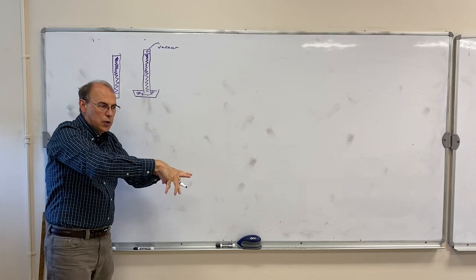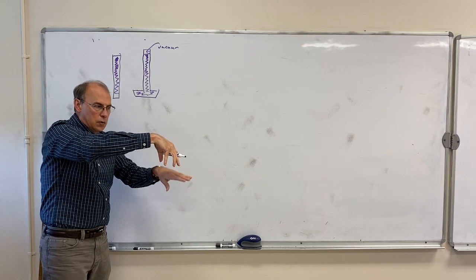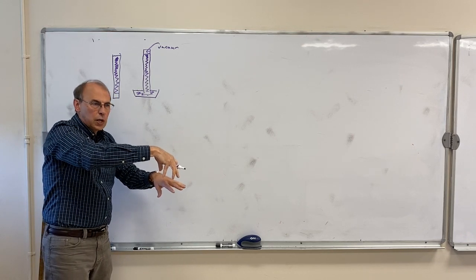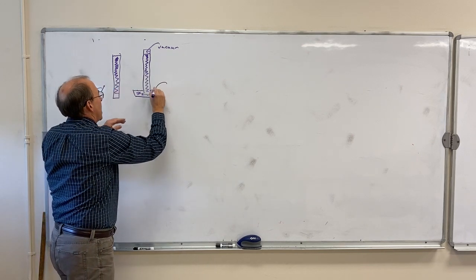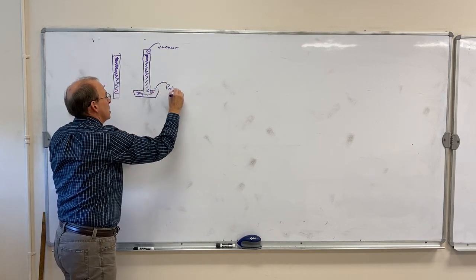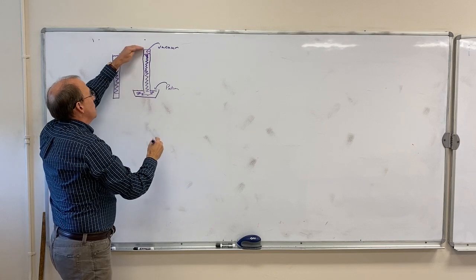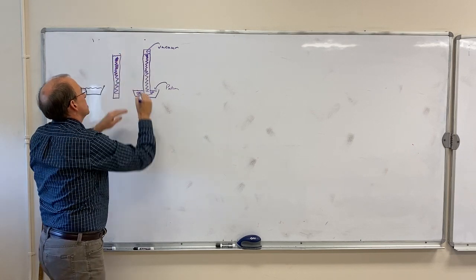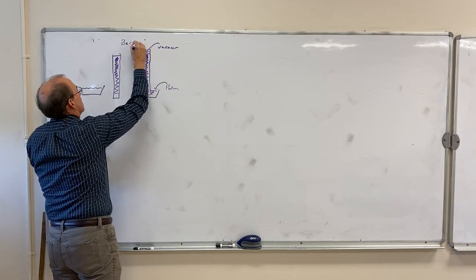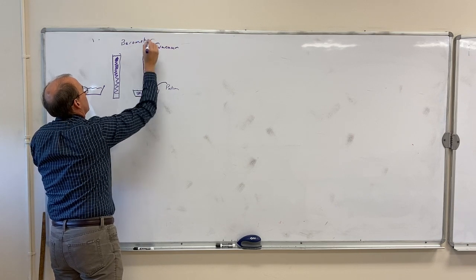The atmospheric pressure pushing down on the water holds the water in the glass. So you've got atmosphere pushing here, you've got vacuum here. And this is a barometer, a mercury barometer.